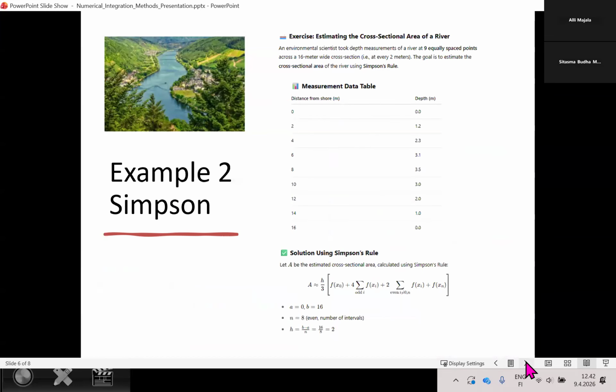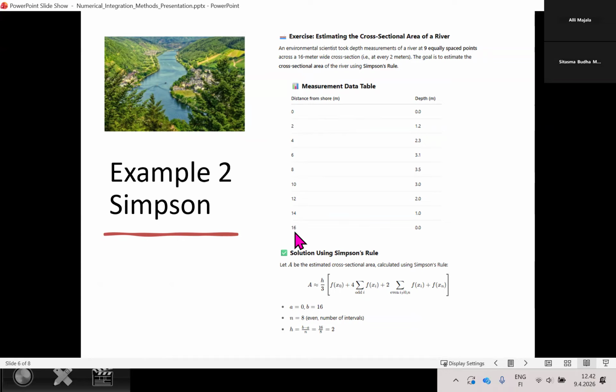But then you can also, for example, estimate the cross-sectional area of a river with the distance from the shore and the depth. The distance from the shore is measured, up to 60 meters. So it would be 16 meters wide from one shore.